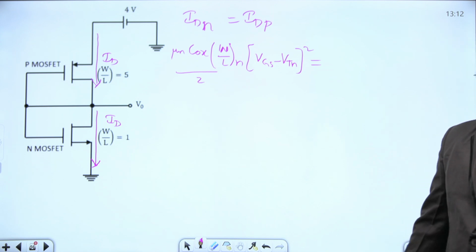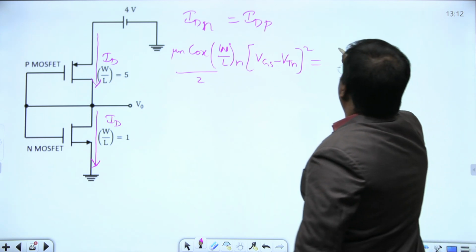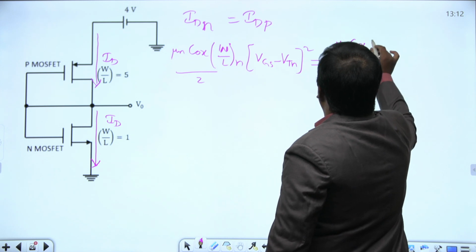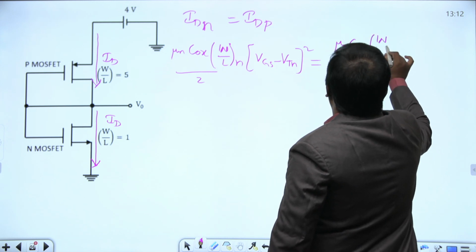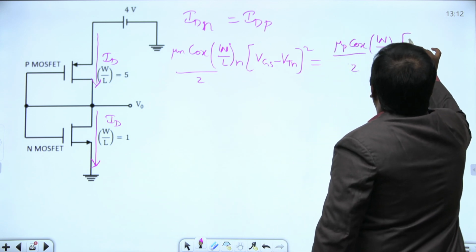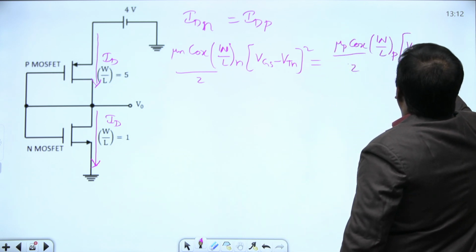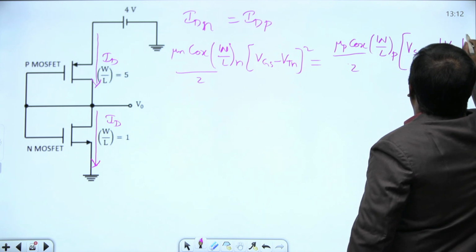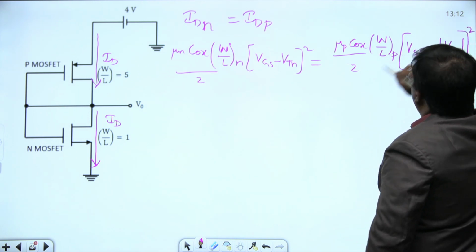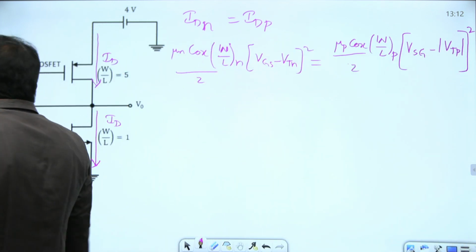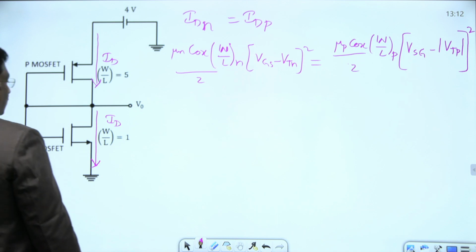For PMOS, it is mu P Cox, W by L of PMOS by 2 into (VSG minus mod VTP) whole square. This is the current equation for PMOS. And another thing: for both the transistors, Cox is the same.